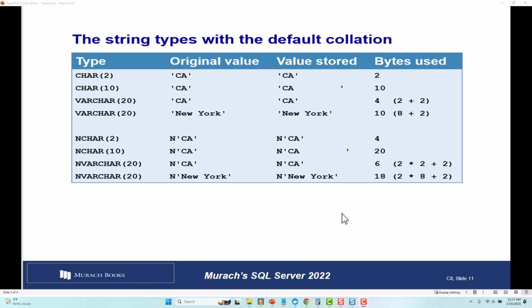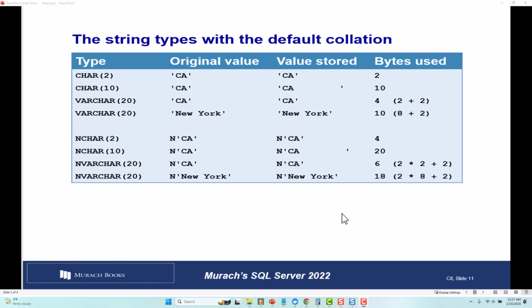On the reverse side, if we define something as varchar 20 and we store CA in that field, it's only going to take up the storage that's needed, so those 2 bytes to store CA, but then there's a little bit of overhead: 2 bytes that are used to keep track of how many bytes are actually stored there.